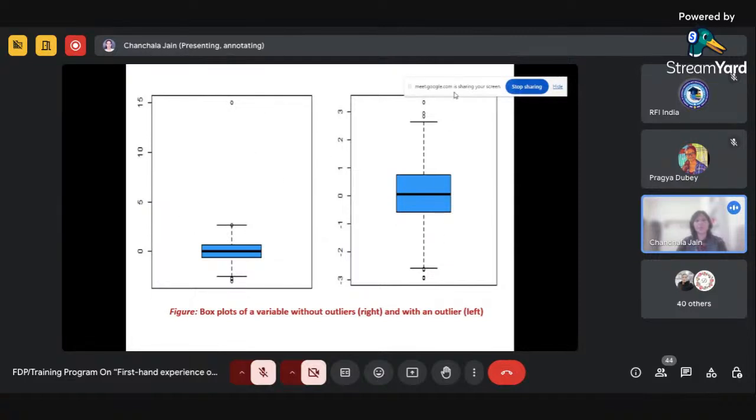Coming to the next box plot, here also the size of the box is very good, which indicates that the data is spread over a good range. But again, beyond both whiskers we find circles. These are known as outliers in the data.